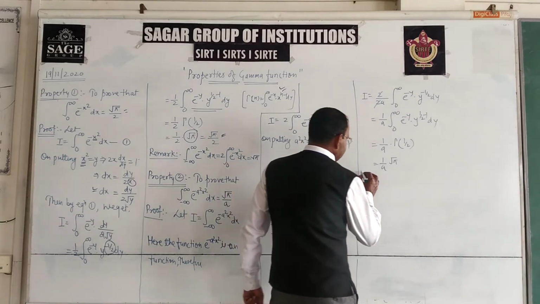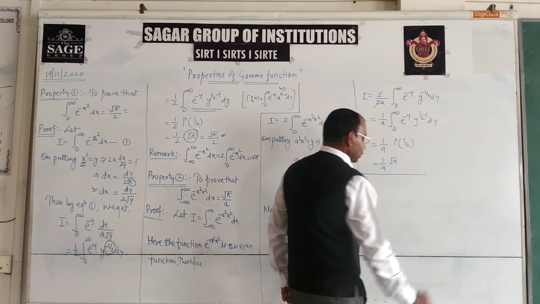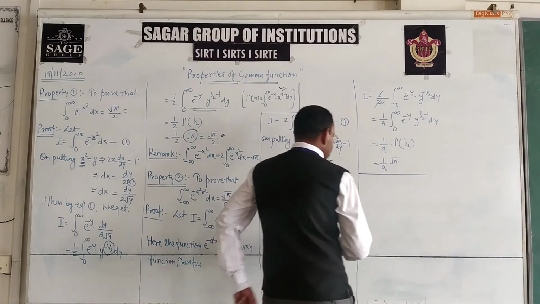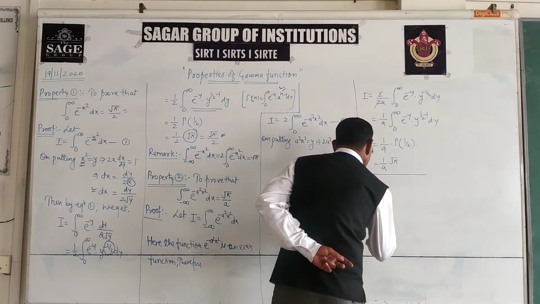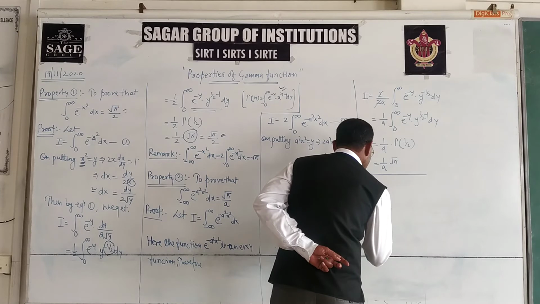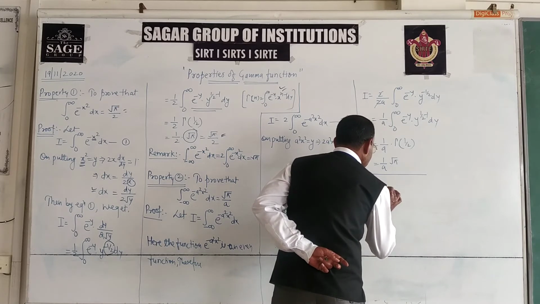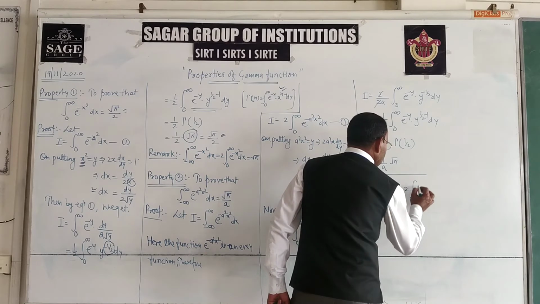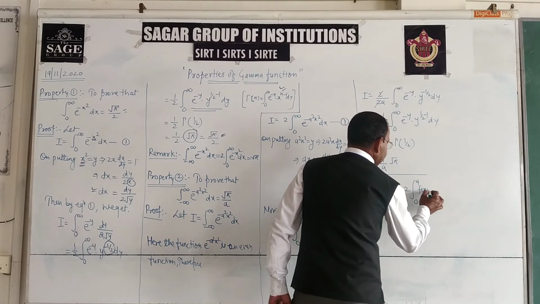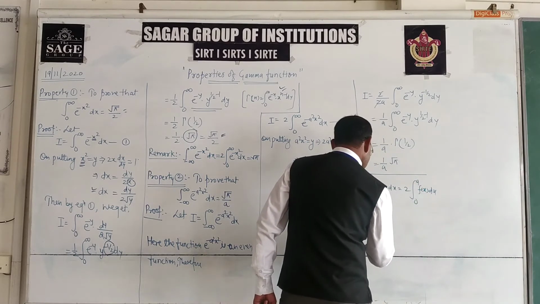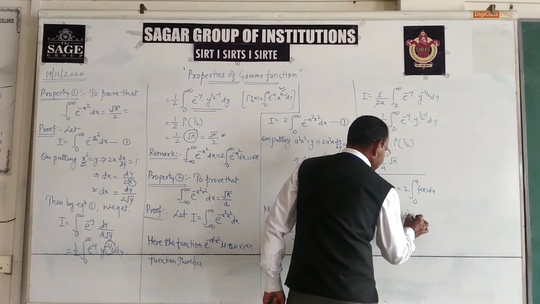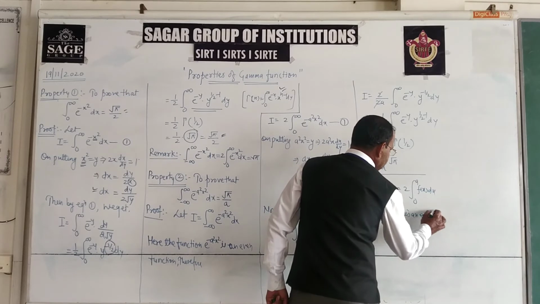We have already discussed an important property of definite integrals: the integral from minus a to plus a of f(x) dx equals 2 times the integral from 0 to a of f(x) dx, where f(x) is an even function.